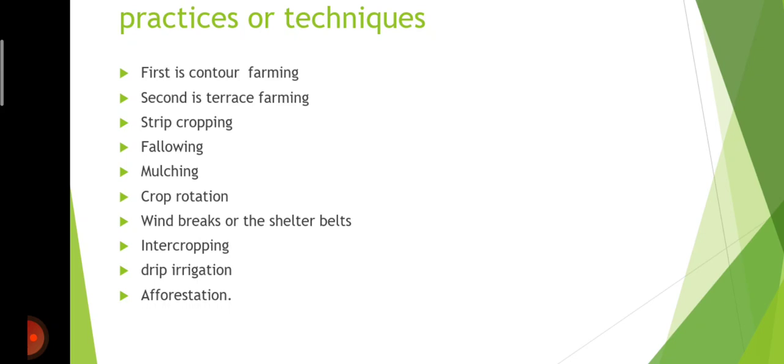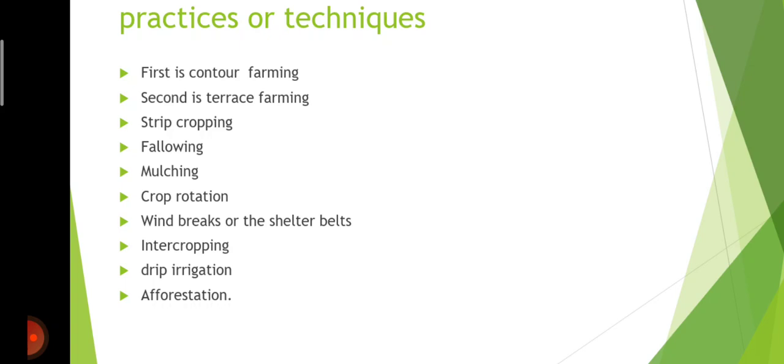Now, following means that the area covered under crops should be kept fallow for some time before growing the next crops. It is done to recover the fertility of the soil. It also improves the moisture content and the texture of the soil.